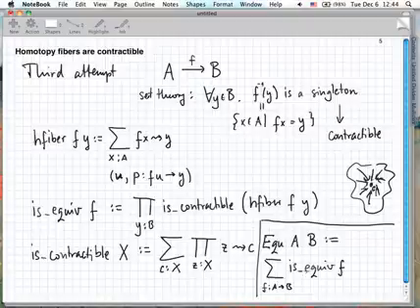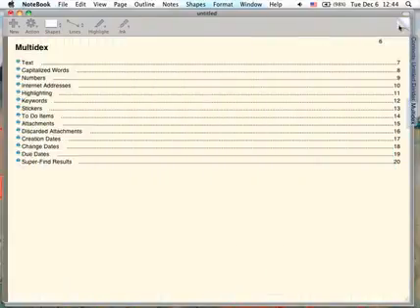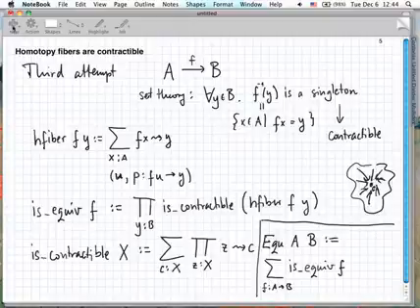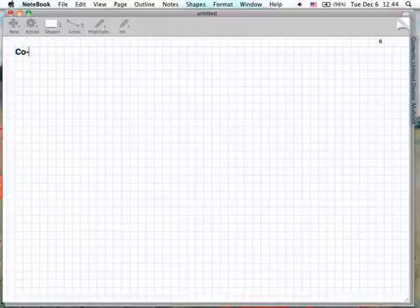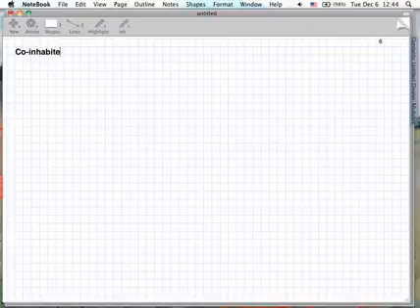So to get some idea, let's think about the following. We have to get used to this. Oh, I have to make a new page here. So we have to worry about the following: co-inhabited versus equivalent.